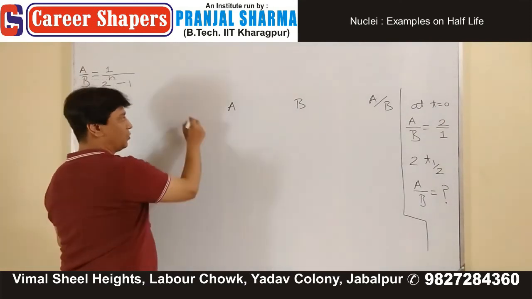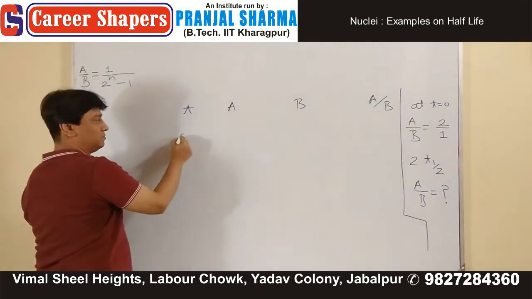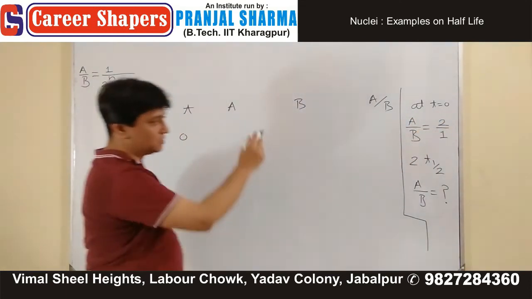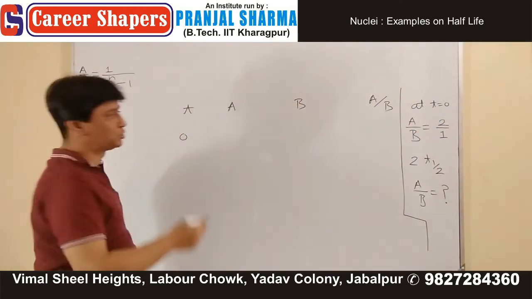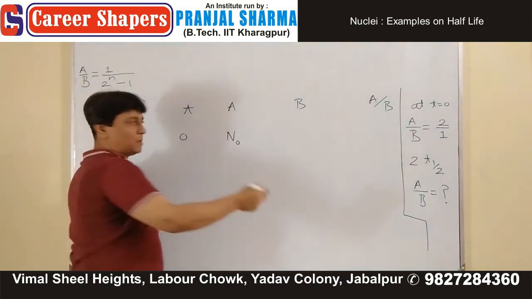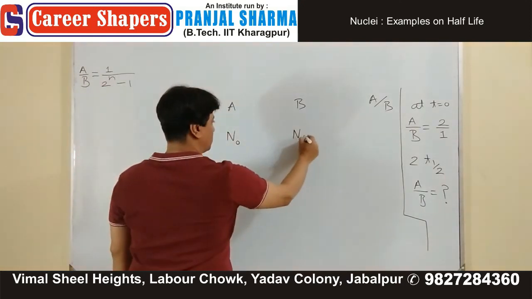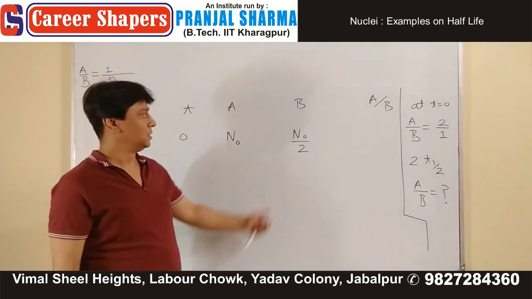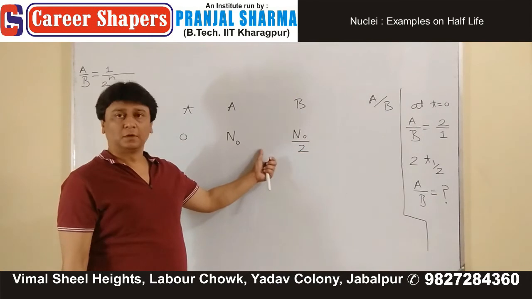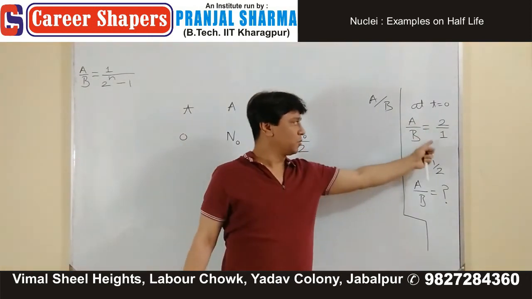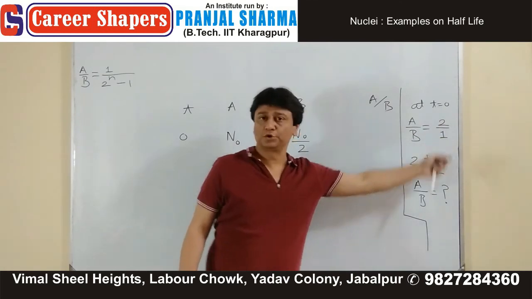Question says when time is 0, at the very initial moment, concentration of A and B is 2:1. That means A is N0 and B is N0 by 2. Automatically the ratio of A and B is 2:1.